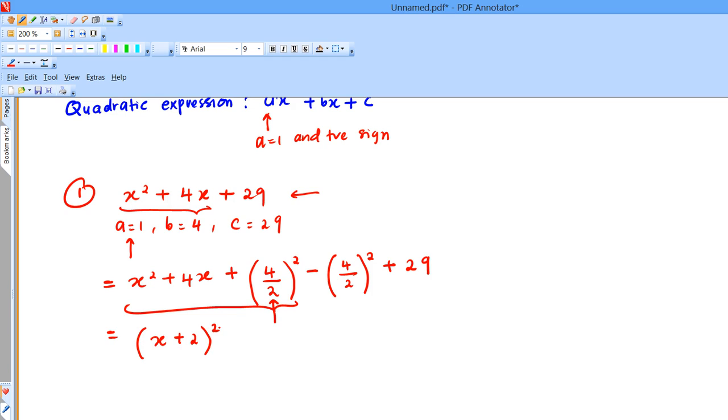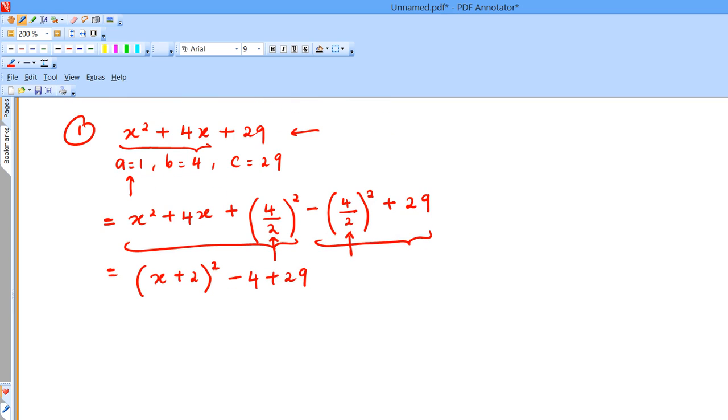Next we want to solve this term. For the last terms we have negative 4 over 2 squared. So 4 over 2 equals 2, 2 squared equals 4. So we get minus 4 plus 29, which equals (x + 2)² + 25.